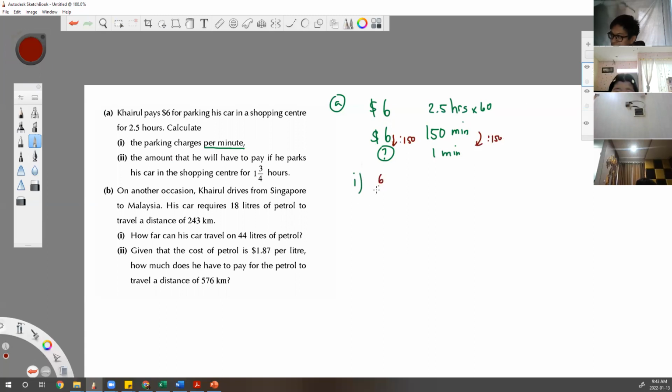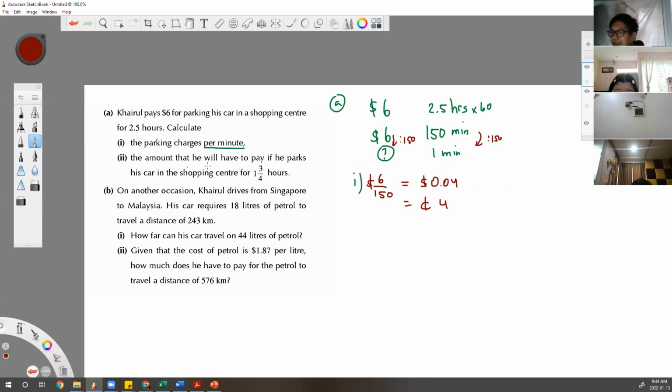So 6 over 150 dollars per minute, but we have to simplify the answer. $0.04. That's the answer. Or if you want to convert it to cents, it is 4 cents, because I multiply the dollars by 100 to get cents.